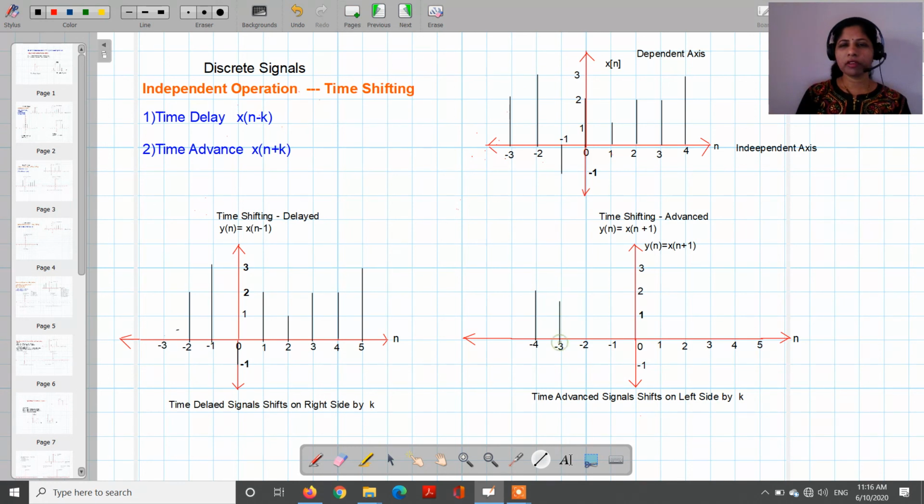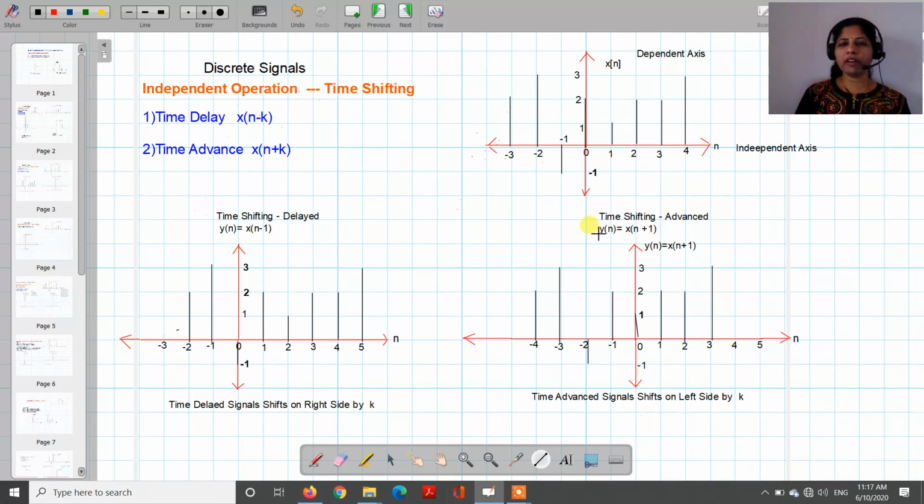Minus 2 amplitude is 3, which comes at minus 3. Minus 1 amplitude is minus 1, which comes at minus 2. 0 amplitude is 2, which comes at minus 1. 1 amplitude is 1, which comes at 0. 2 amplitude is 2, which comes at 1. 3 amplitude is 2, which comes at 2. 4 amplitude is 3, which comes at 3.